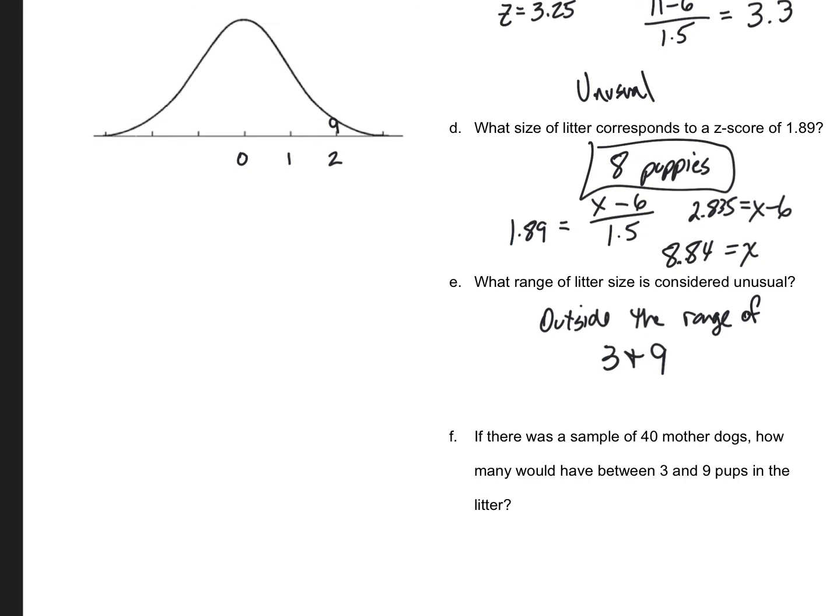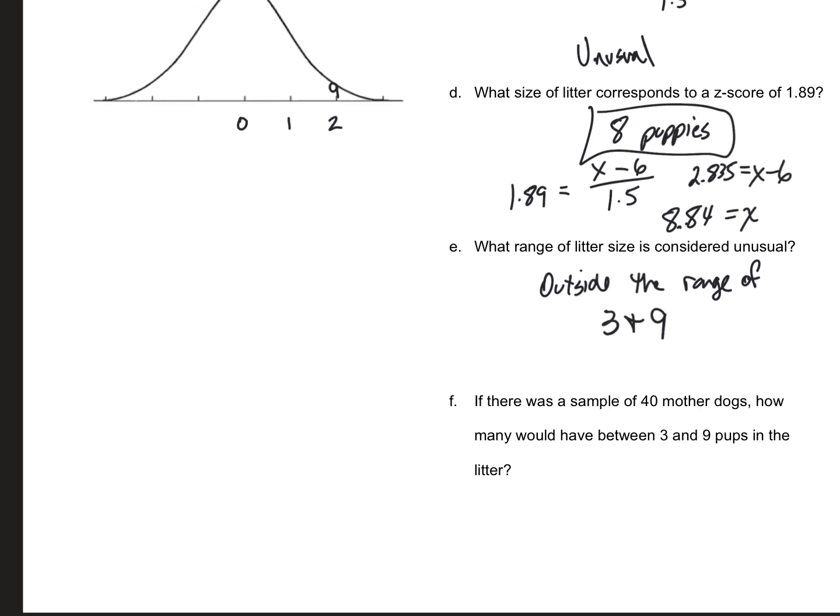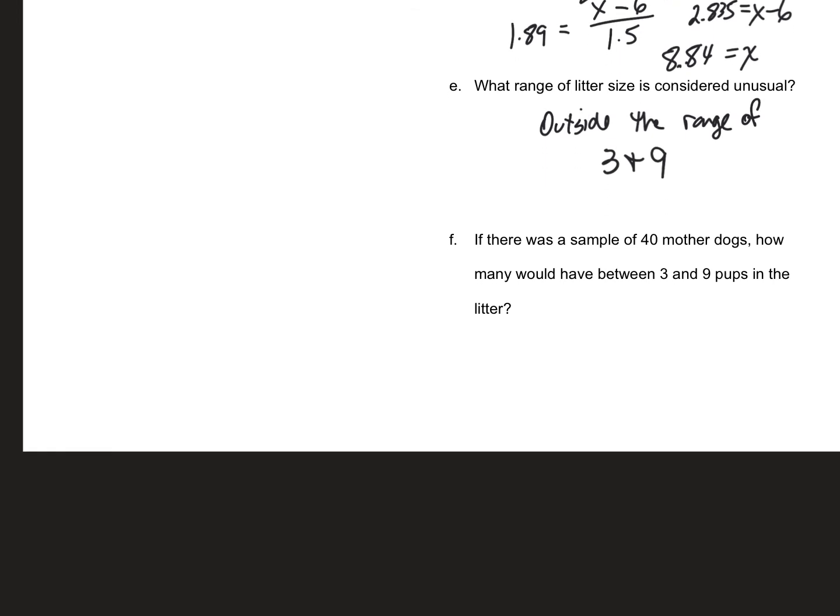And then let's talk about how we're going to use this. If there's a sample of 40 mother dogs, how many would be between 3 and 9 puppies in the litter? Well, between 3 and 9 is 95%. If we look back at our bell curve, the normal distribution that falls in there is 95%.